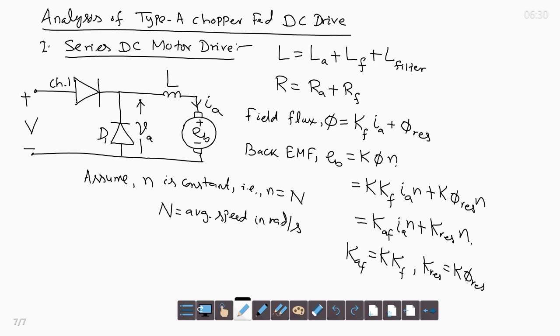So you neglect the speed variations. With that, EB equals Kaf Ia into N plus K residual into N.